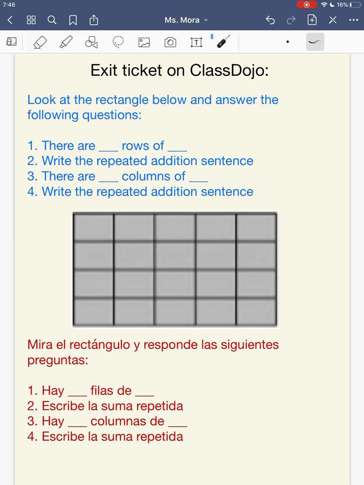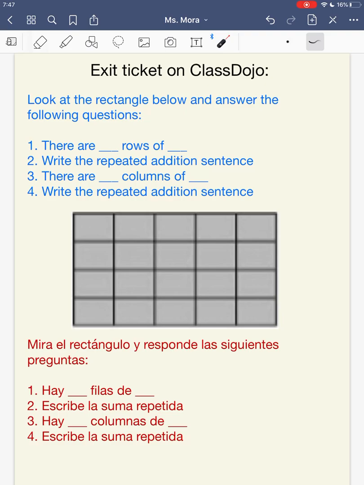Then you're going to write there are blank columns of blank and write the repeated addition sentence that matches the columns, okay. And this is your array. You don't need to draw the array again because it's here. You're just answering these questions. You can do them in a notebook or a whiteboard, take a picture and submit them on Dojo, or if you want to just write them on the post in Dojo, that's fine too.